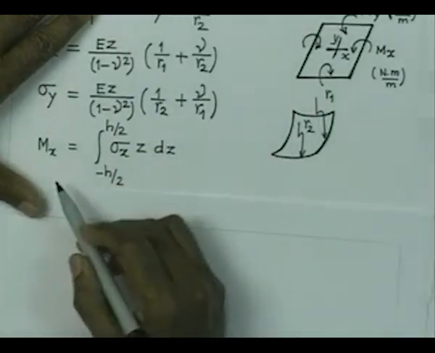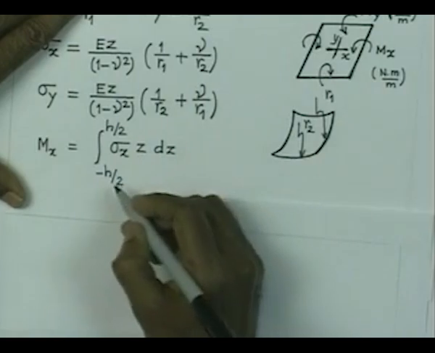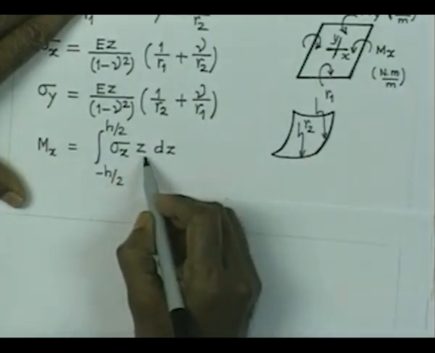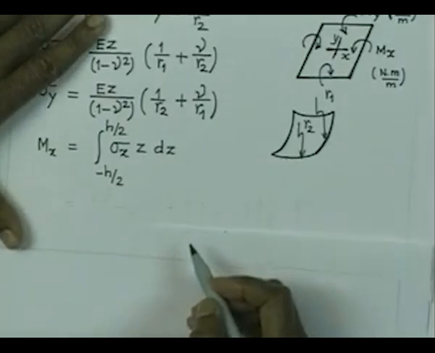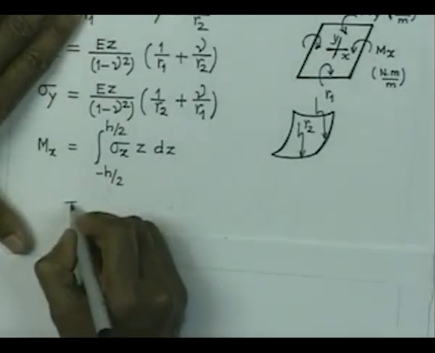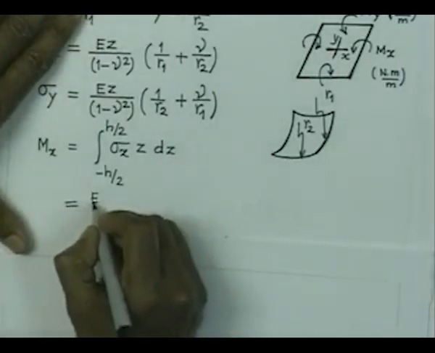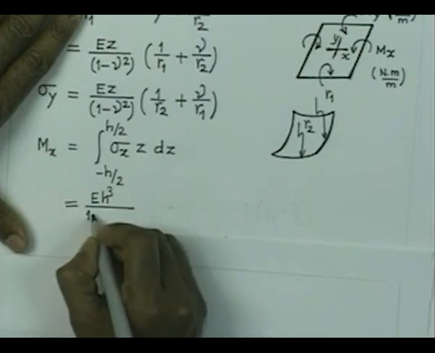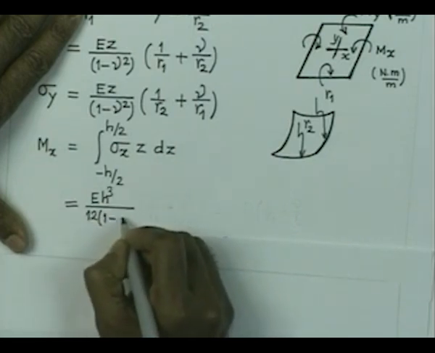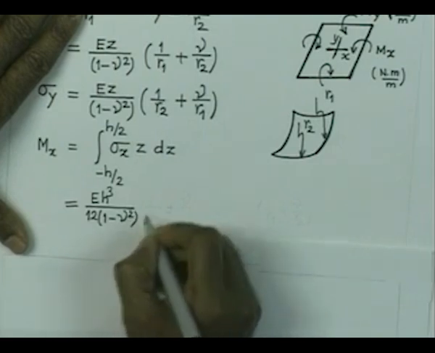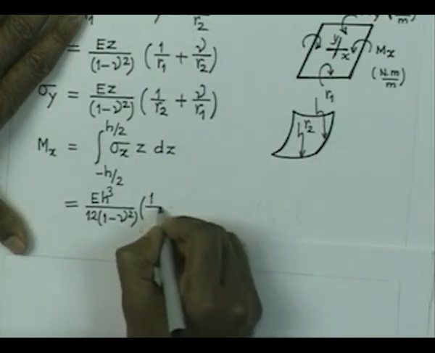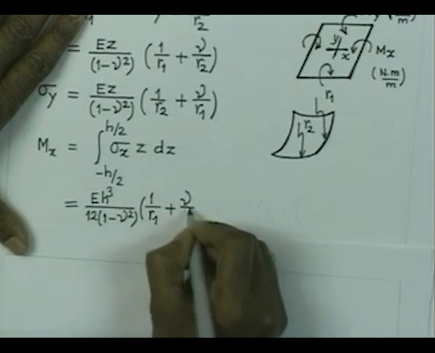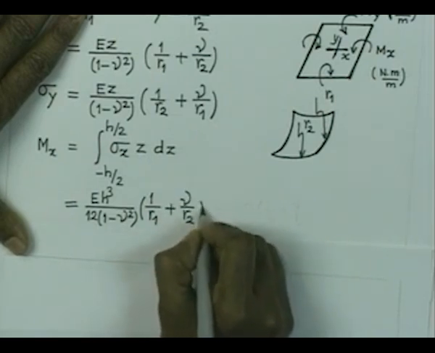So, we will have moment in the x plane Mx is nothing but the integral from minus h by 2 to plus h by 2 of sigma x into z dz, and this will give us E h cube by 12 into 1 minus nu square into 1 by r 1 plus nu times 1 by r 2.